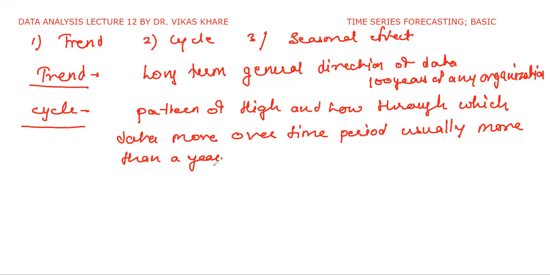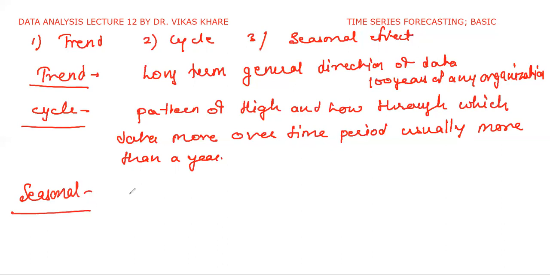So cycle is different from the trend. For example, if we gather the data of 100 years, it is a trend. If we gather the data of 5 or 10 years, then this is considered a cycle of that data.